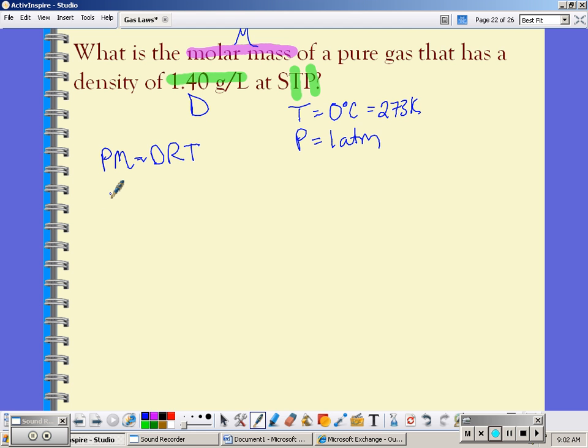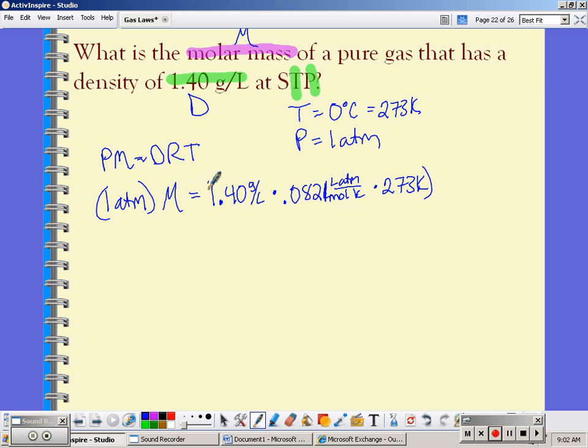Then I can just make my substitutions. The pressure is 1 atm. I'm solving for molar mass. That's equal to the density times the gas law constant, times my temperature.